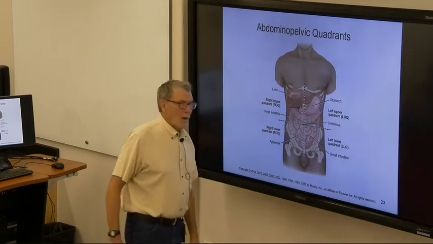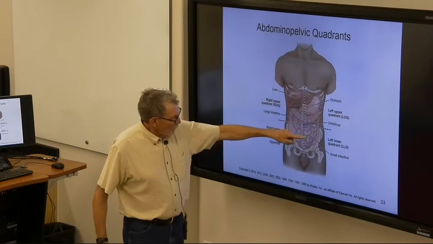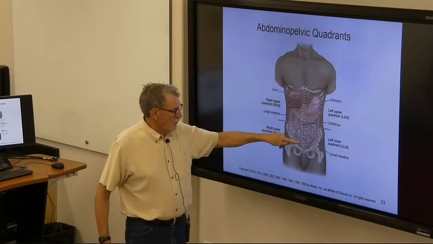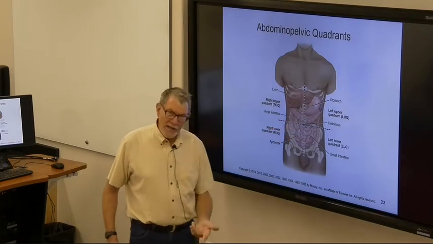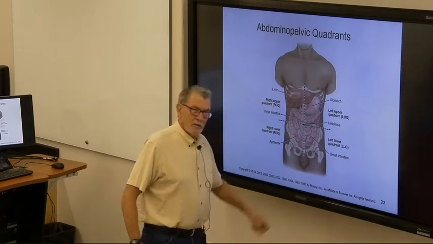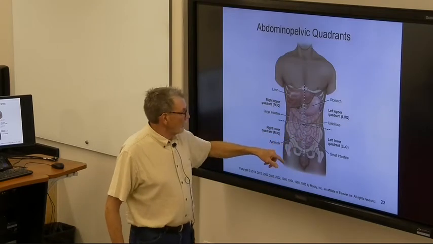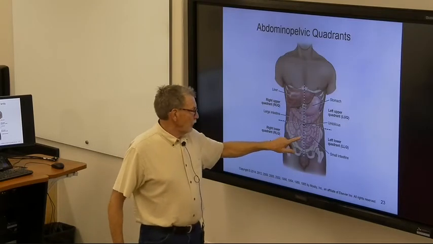Left lower quadrant pain: a lot of intestines are over here, and part of the intestine has a tendency to develop polyps and cancers and things like that. So your pain and problems are over in this region. There's another ovary over there, and there's a lot of small intestine.